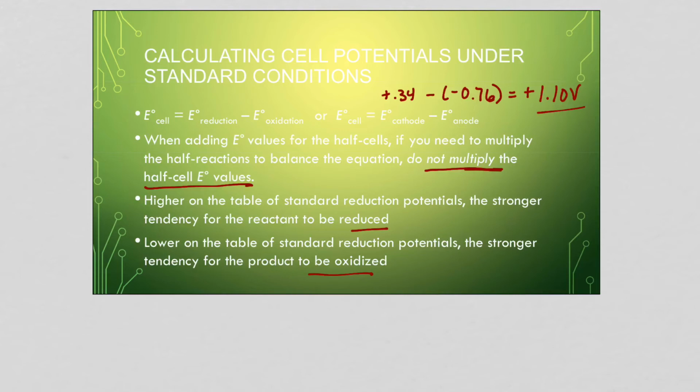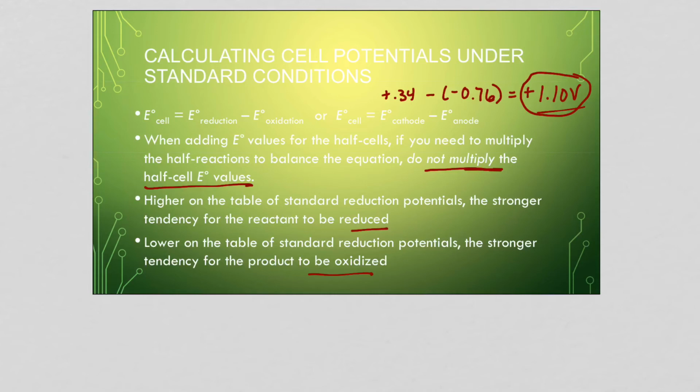So we get positive 0.34 minus a minus 0.76, or plus a positive, we end up with positive 1.1 volts as our theoretical maximum potential that we could generate with this cell.